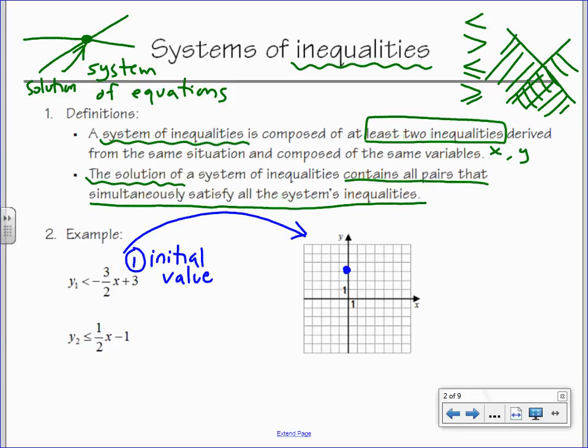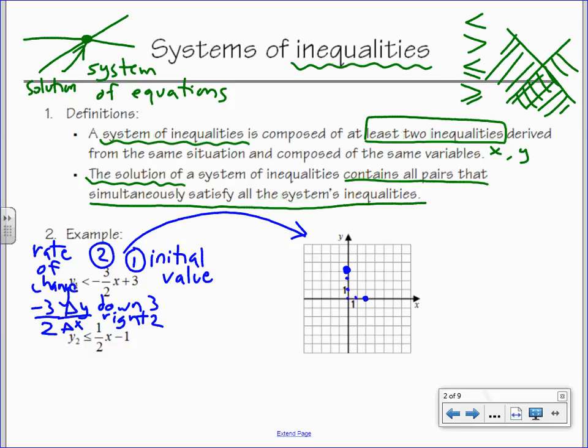Then you know your rate of change. In this situation, it's minus 3 over 2. That means the variation of the y over the variation of the x is minus 3 over 2. That means we have to go down 3 and right 2. So I'm going to start from my initial value and then go down 3, 1, 2, 3, and then forward 2, 1, 2.